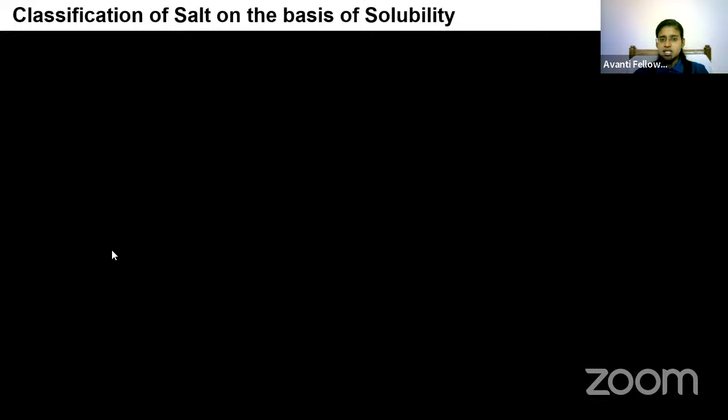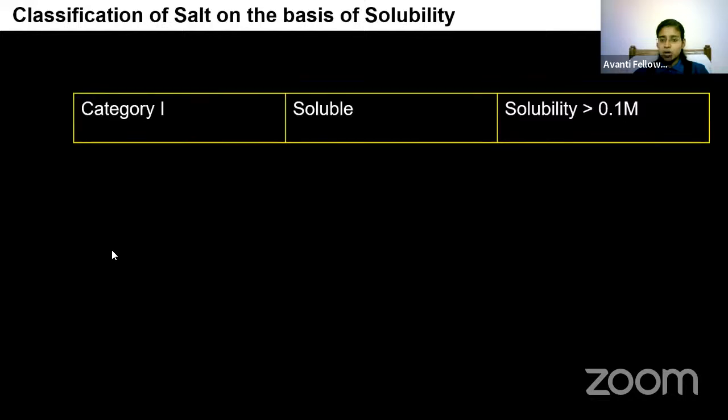Let me just discuss the classification of salt on the basis of solubility alone, and then we will discuss the remaining things in the next class. So, classification of salt on the basis of solubility. First category: if the solubility is greater than 0.1 molar, then the given salt is soluble.